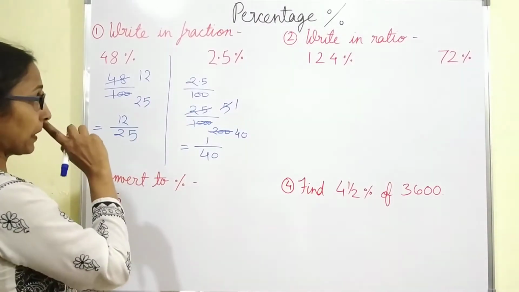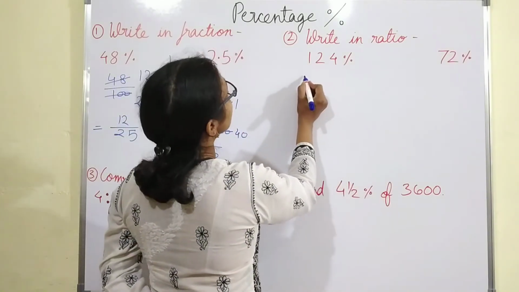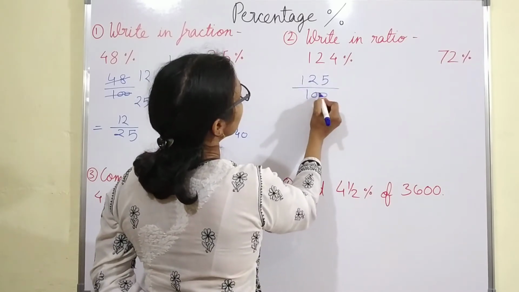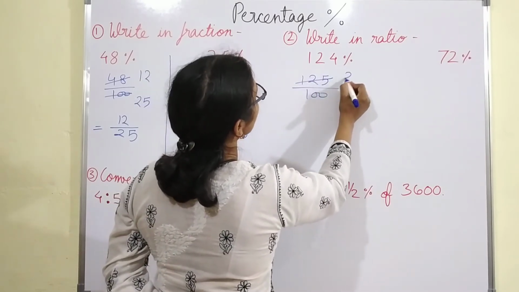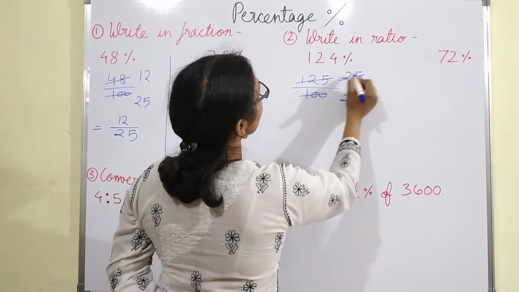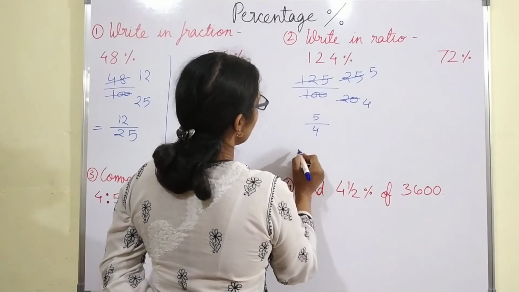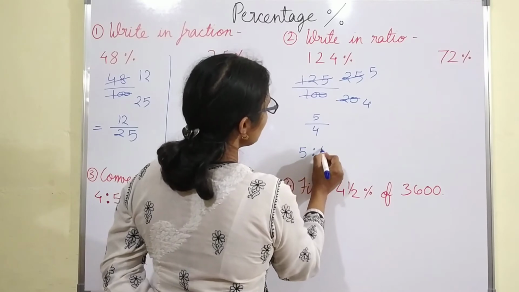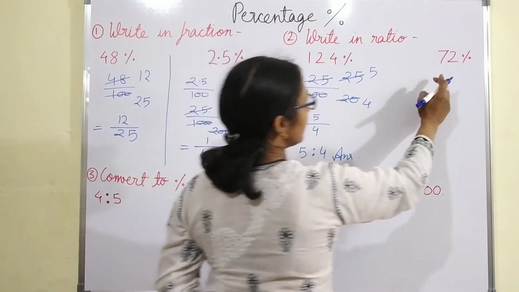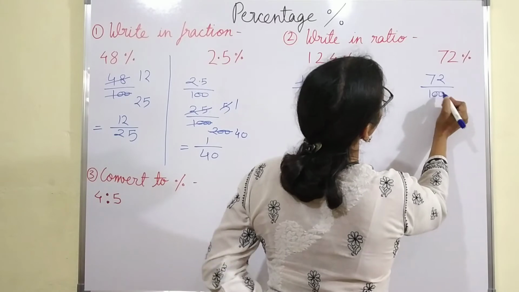So here your answer is 12 upon 25. Okay. Now the next question is write in ratio. Write 125% in ratio. So 125 upon 100. Simplify: 5 25s are 125, 5 20s are 100. So 5 upon 4. So your answer is 5:4. Now here 72%. 72 upon 100.